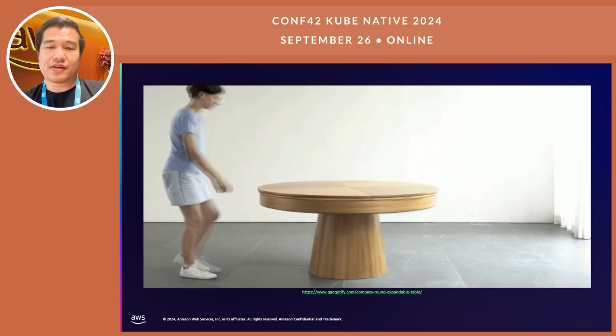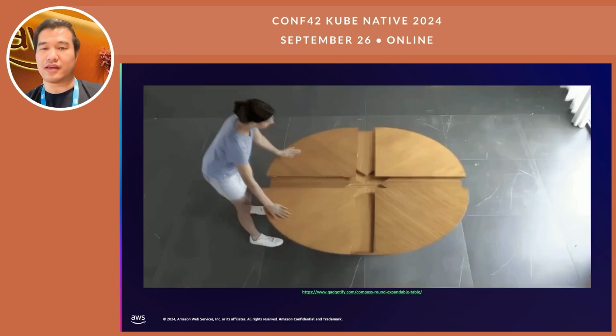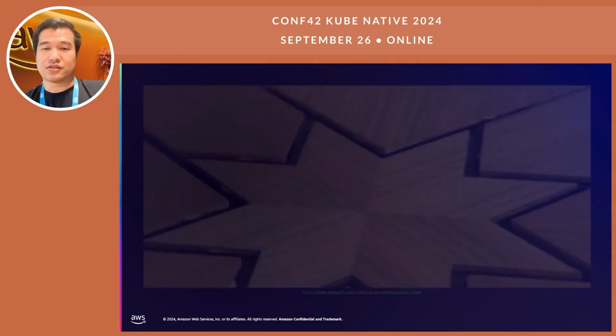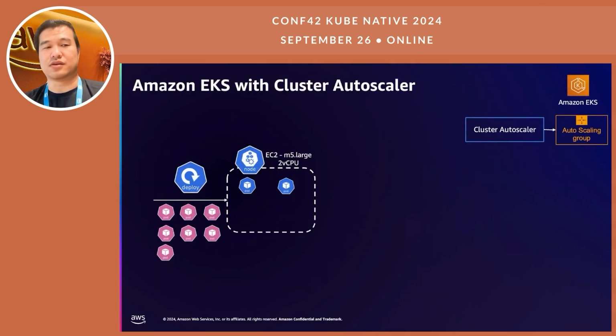So let's see some of the challenges that we have today in Kubernetes and also Amazon EKS with Cluster Autoscaler. Here you have a deployment, and you have an existing node that already runs 2 pods, with 2 vCPU on an M5 large. Then a scaling up mechanism kicks in, maybe from K8s or HPA, depending on the cluster. And we have 7 pods in pending state.